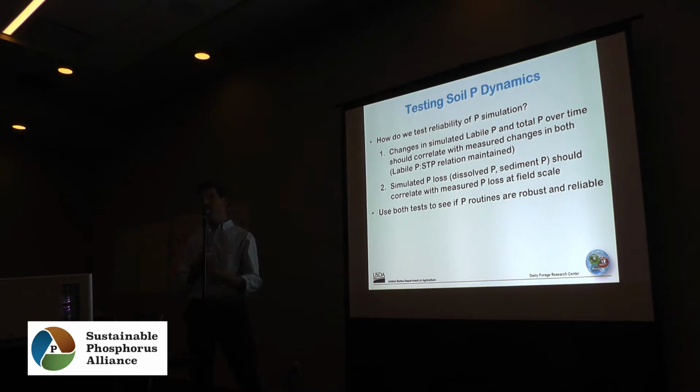We also want to look at whether we're simulating the changes in total P in our soil well too, because they're feeding different pathways, whether it's total P or labile P, and the dissolved and sediment-bound P loss pathways. So really it's that idea of looking at multiple ways to test your model, not just dissolved P loss in runoff, but multiple tests for reliability.